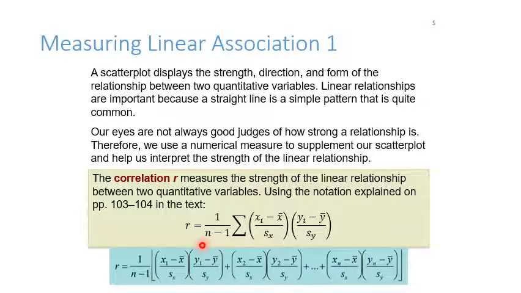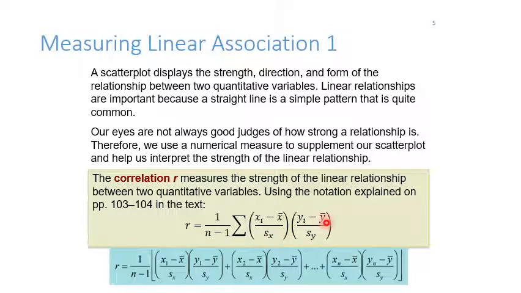In the formula here we can see that R is equal to 1 divided by n minus 1. This is sigma, which shows the summation, and x is the explanatory variable, x bar is the mean of the explanatory variable, Sx is the standard deviation of the explanatory variable.